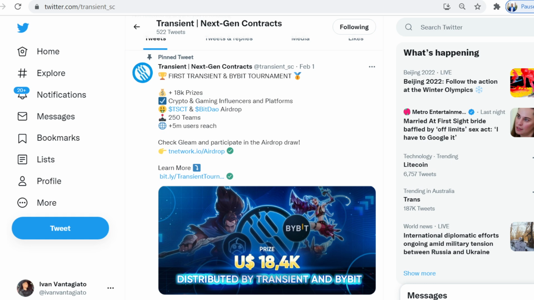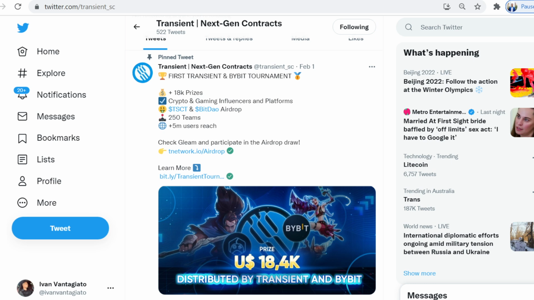In this DApp, you'll be able to predict results from esports tournaments, and Transient now brings its first event to get ready for when this goes live. They've partnered up with Bybit on this. This is massive. So it's important to be ready for when this goes live in March.